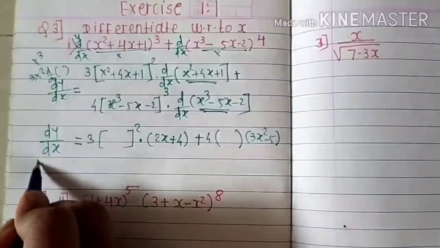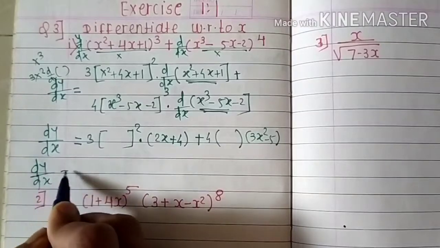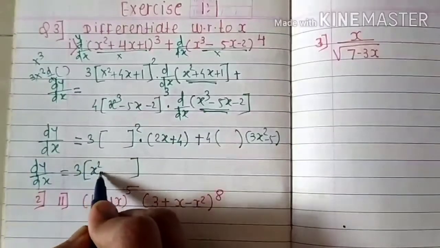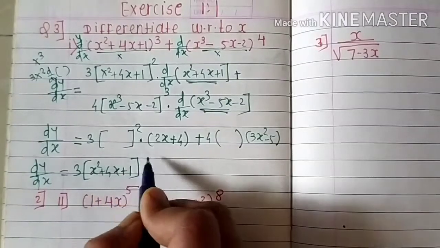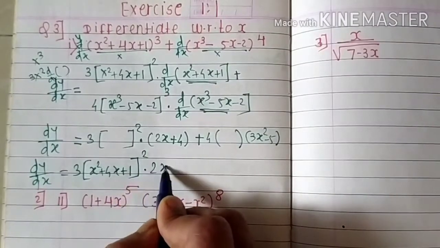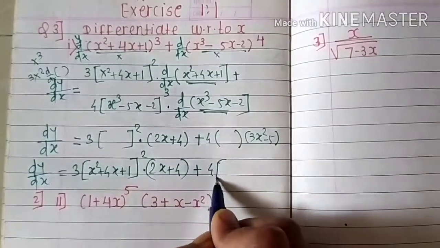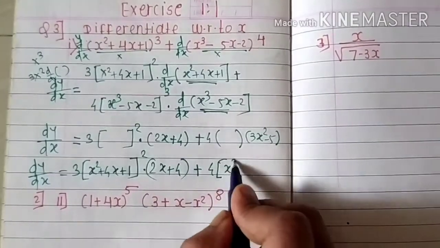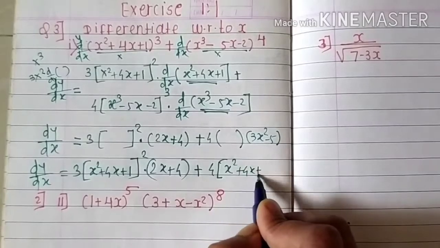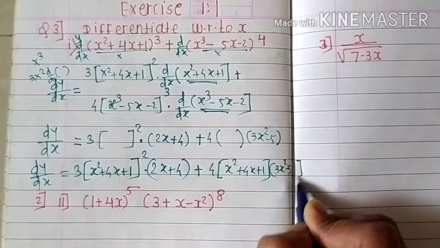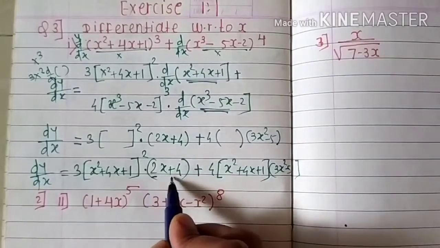Then finally dy/dx is equal to 3 into (x square plus 4x plus 1) raised to power 2 into (2x plus 4), plus 4 into the inside term (x square plus 4x plus 1) into (3x square minus 5). Here you can also take 2 outside.